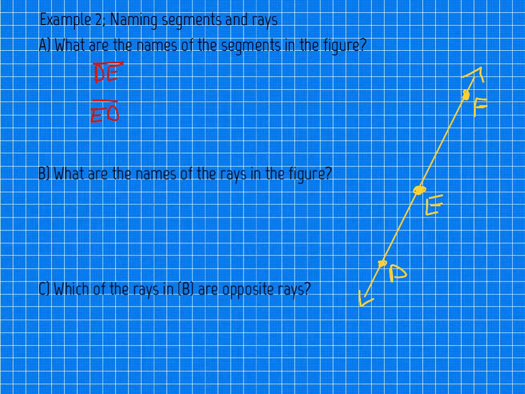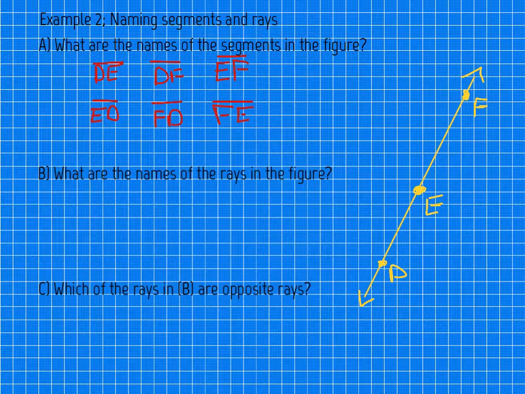Then we have segment DF, and we could also call that segment FD. They're the same segment. Or we have the segment EF, or the segment FE. So those are the different possibilities of just segments on this line.